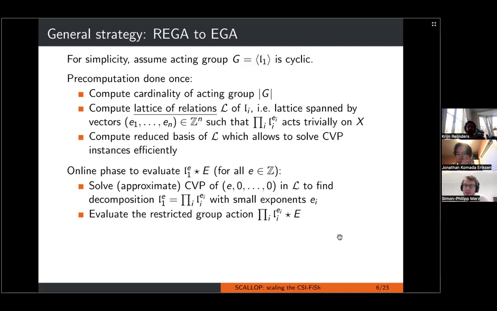If you want to evaluate the group action for such an L1 to the E, then you can just solve the closest vector problem for this vector E followed by zeros in your lattice of relations, which will allow you to give a different representation of your group element as a product with relatively small exponents. So there you're back in the setting of group actions that you know how to evaluate, and then you evaluate it with your restricted group action.